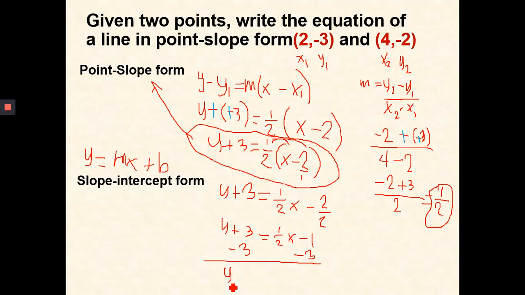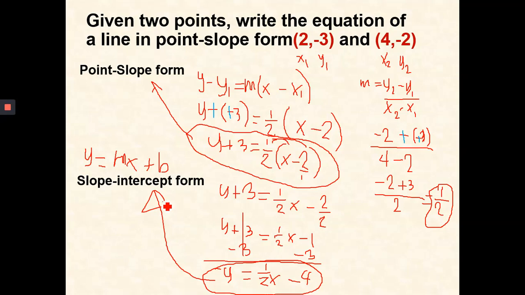Simplifying, y, positive 3 plus negative 3, that will be 0, is equal to 1/2 x, negative 1 plus negative 3, that is equal to negative 4. This is now the final answer if the instruction is you are going to give your answer in slope-intercept form.